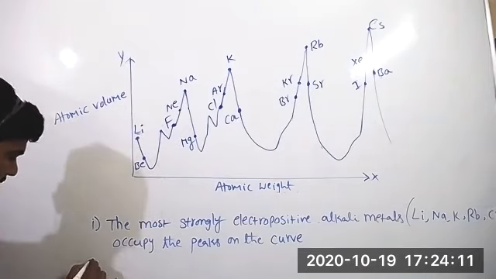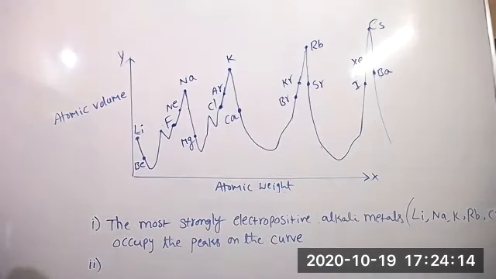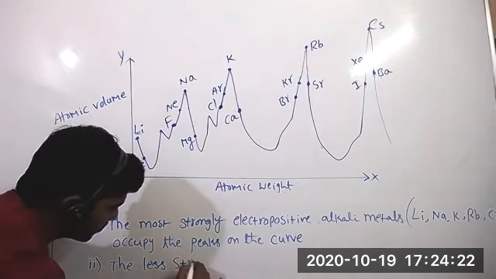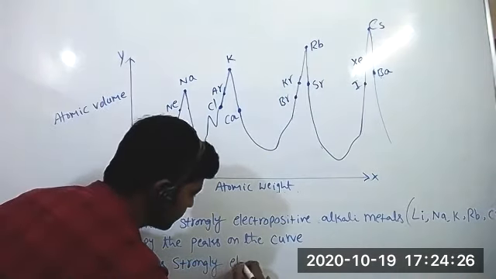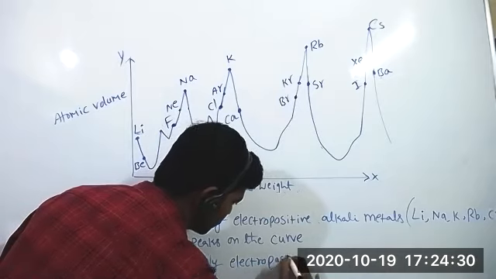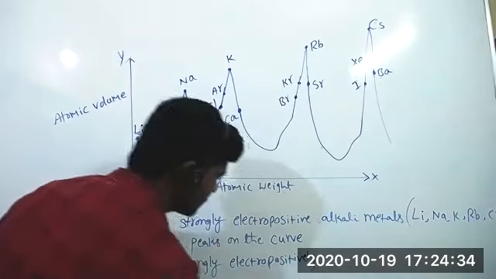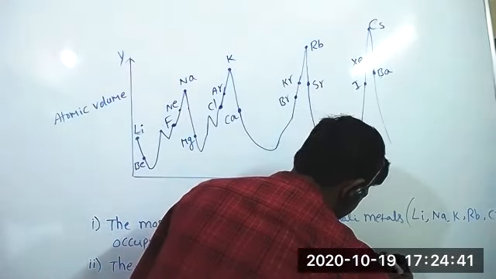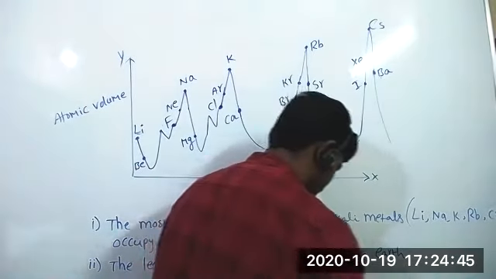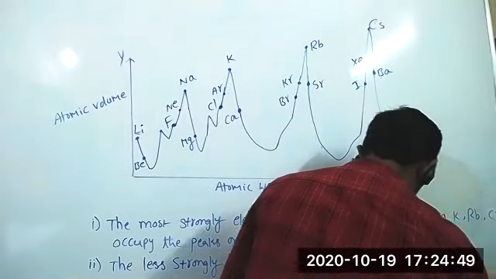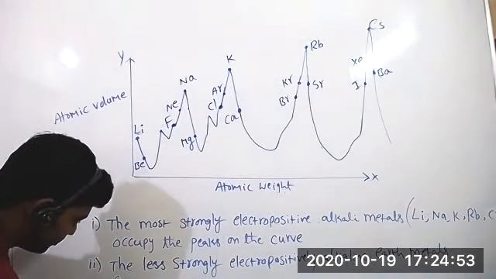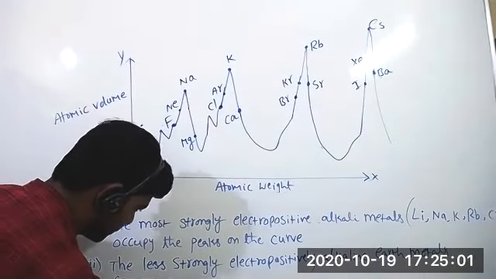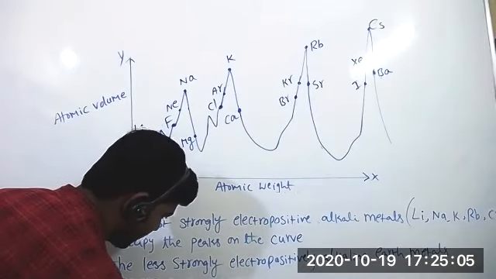Next point is the less strongly electropositive alkaline earth metals, those are beryllium, magnesium, calcium, strontium, and barium.